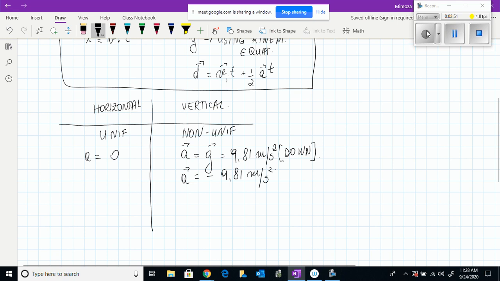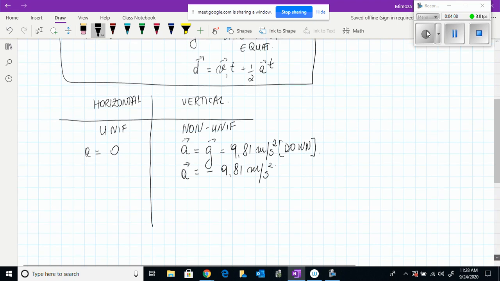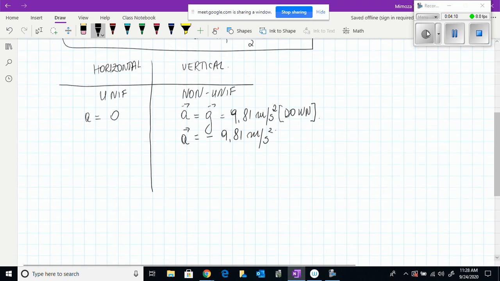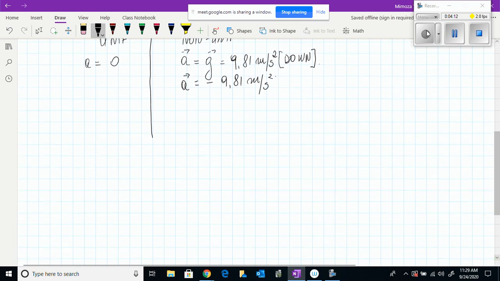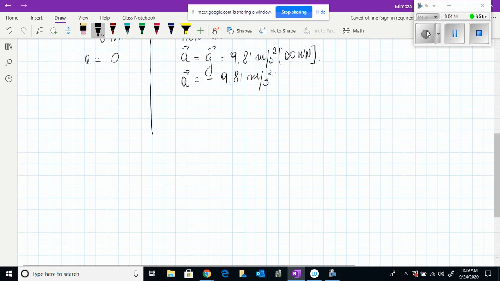Now, if the projectile happens to be on the moon, then you will write the acceleration due to gravity of the moon. And if it happens in another planet, then you will use that value. So acceleration for both horizontal and vertical is stated.